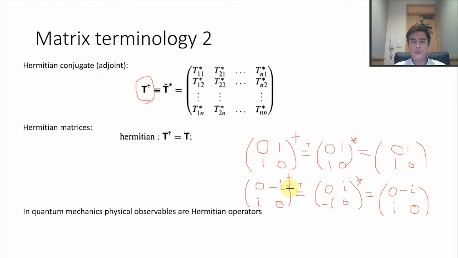These are examples of Hermitian matrices, and why is this important? Because in quantum mechanics, all the observables, all the things that you can actually measure, turn out to be related to matrices which are Hermitian. You'll have to take this as a kind of axiom of quantum mechanics. Why should it be Hermitian?